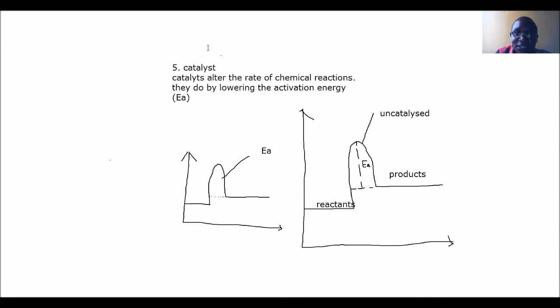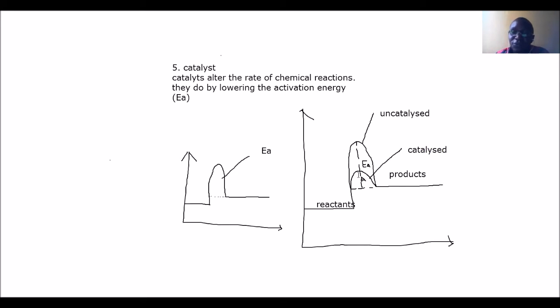This activation energy will be lowered. So we will have something that looks like this. Smaller activation energy. We'll have it there. Now, that means this smaller hill here represents a catalyzed process.